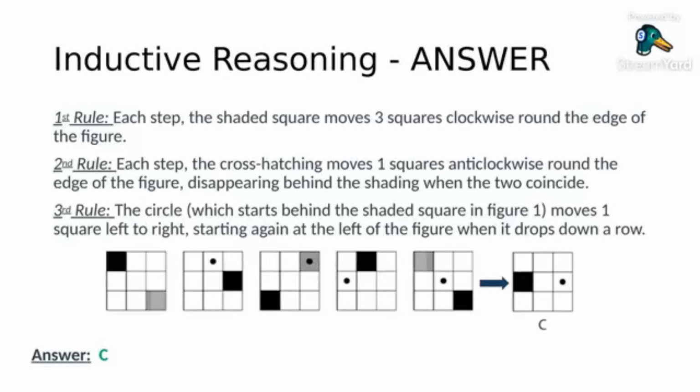And then the circle, which starts behind the shaded square in figure 1, that's why nawawala po siya, kasi gumagalaw yung mga shaded squares. Moves 1 square left to right, starting again at the left of the figure when it drops down a row.